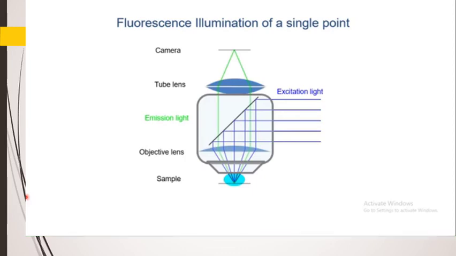So the fluorophores that we are targeting would be excited, and we would collect the emission light. But the fluorophores of the upper and lower plane of that image would also be excited, and it would also enter the camera. That would result in a blurry image.